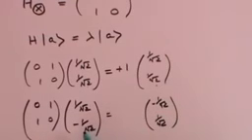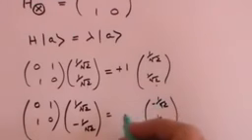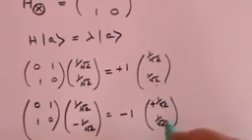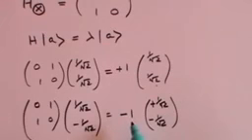That is not equal to that. But I can very easily make it equal simply by putting a minus 1 in front and then multiplying this by minus, so the minus becomes a plus, and this by minus, and now you've got that that is the same as that, but the eigenvalue is minus 1.